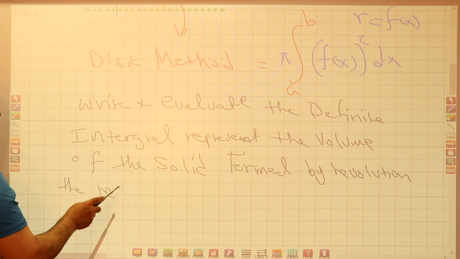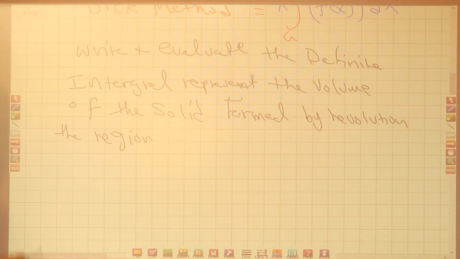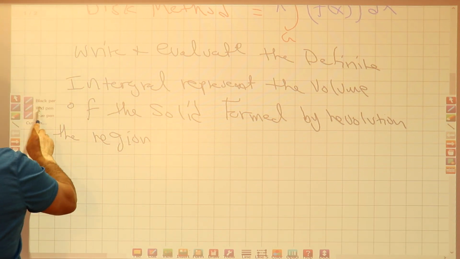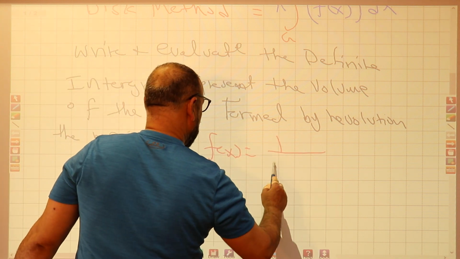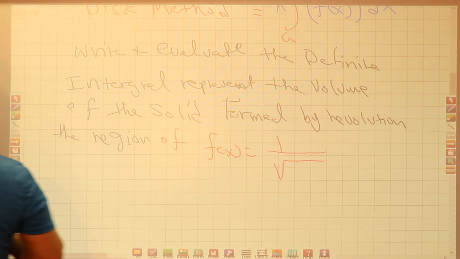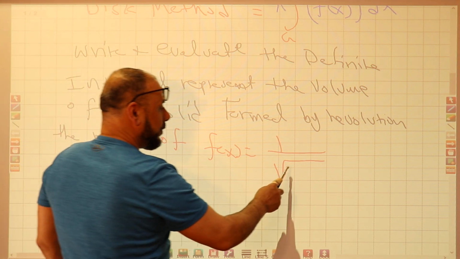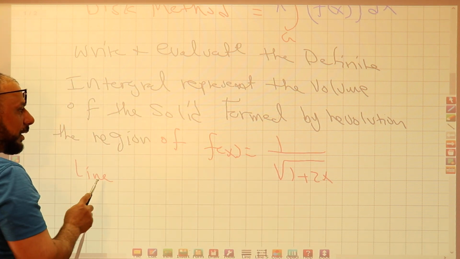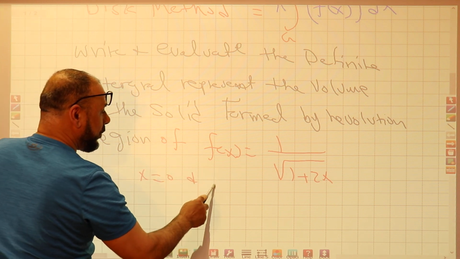Okay guys, the region of the function f of x equal 1 over the square root of 1 plus 2x, and the lines x equals 0 and x equals 4.